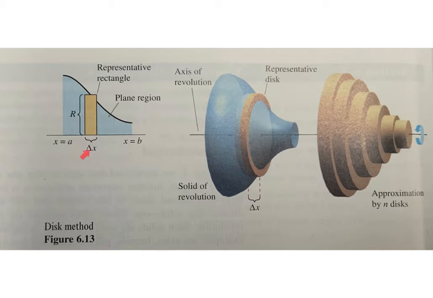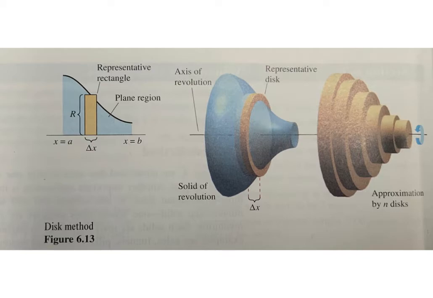Change in x, delta x. That's the width of this guy. Your radius of it is still represented by whatever function you've been given. So anywhere on this function is going to be the radius of that particular disk, right? And then you have a width, depending on if they want from 0 to 1 or 0 to 2, or however big they want it, they will give you that information or information to be able to solve for that.